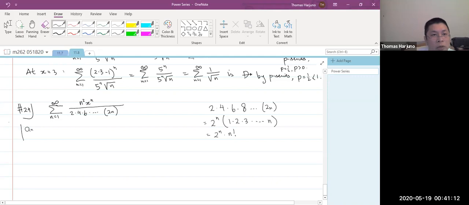Well, anyway, I go back to the ratio test. So by ratio test, the next term will be n plus 1 squared x to the n plus 1 over 2 times 4 times 6 all the way to 2n, and the next one will be 2n plus 2, right?